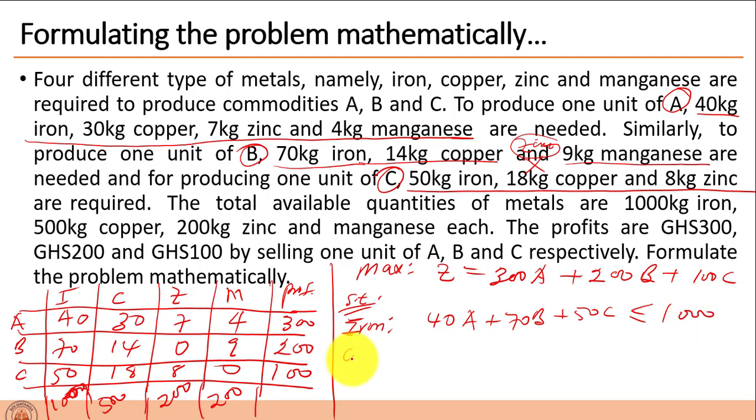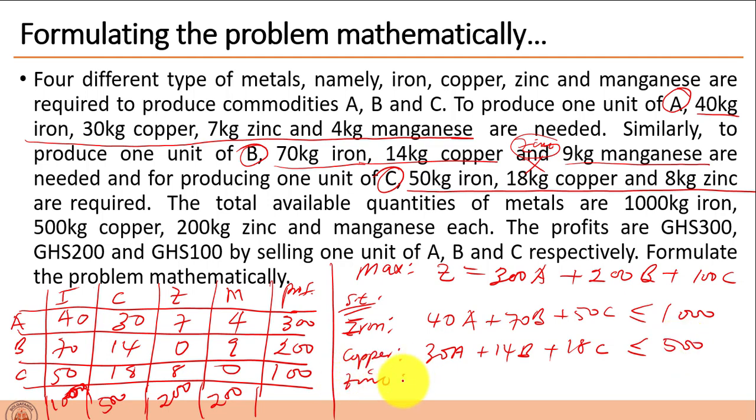Next one is the copper constraint. We have 30 given to A, 10 given to B, plus 18 given to C, and this should be less than or equal to 500 kilograms.